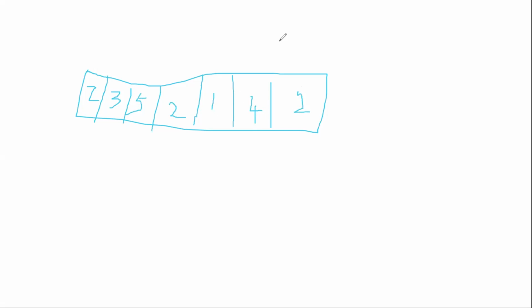Something like this. Is this valid, first of all? Yeah, this is valid. So we start at position 0 and we take, let's say, 2. So 2 represents 1, because we always subtract 1. So we go to position 1. Position 1 has 3.